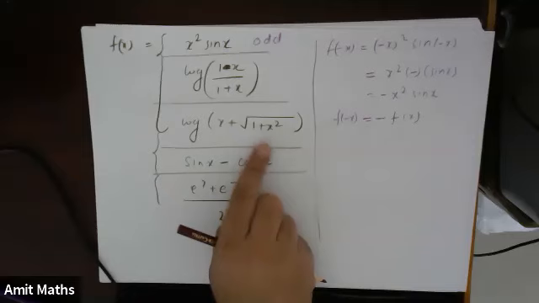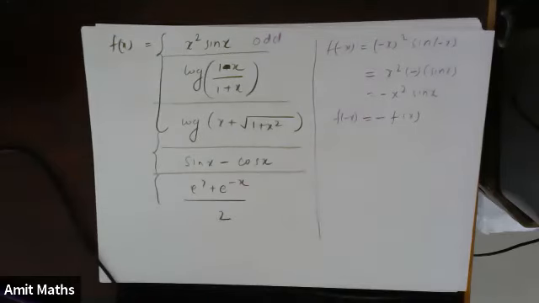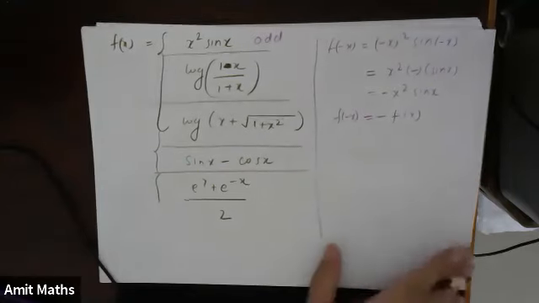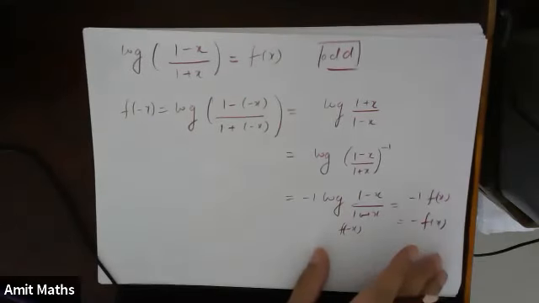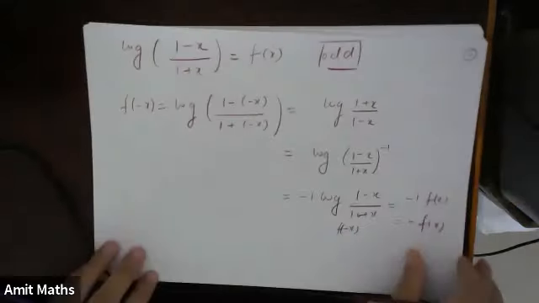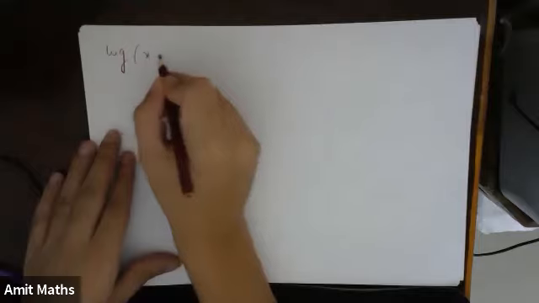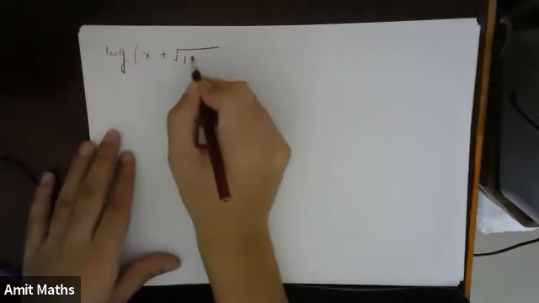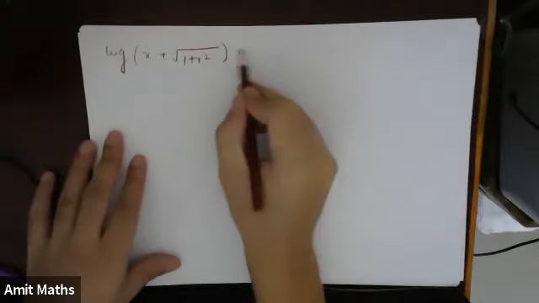Log of x plus root of 1 plus x square. Okay, so we have log of x plus root of 1 plus x square, which is equal to f of x.